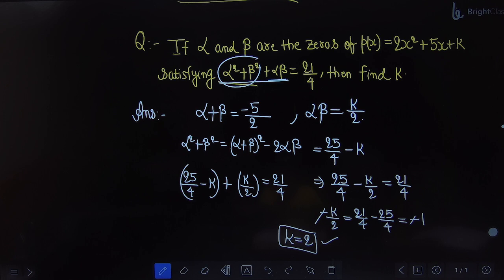What have you done here? That's what I'm asking. What is this? Alpha square plus beta square plus 2 alpha beta.